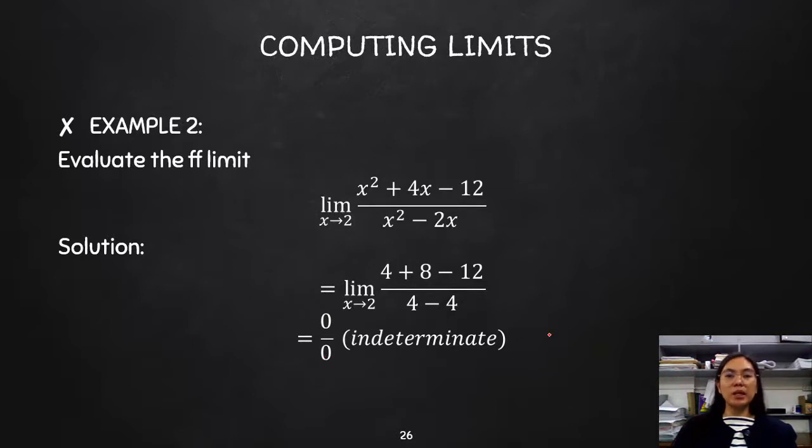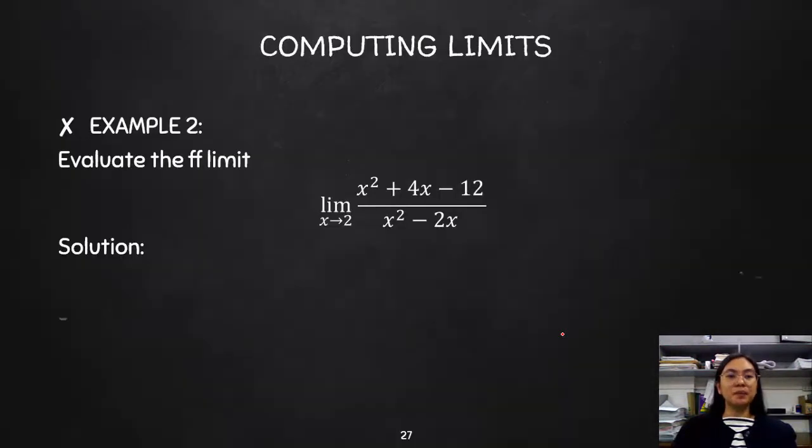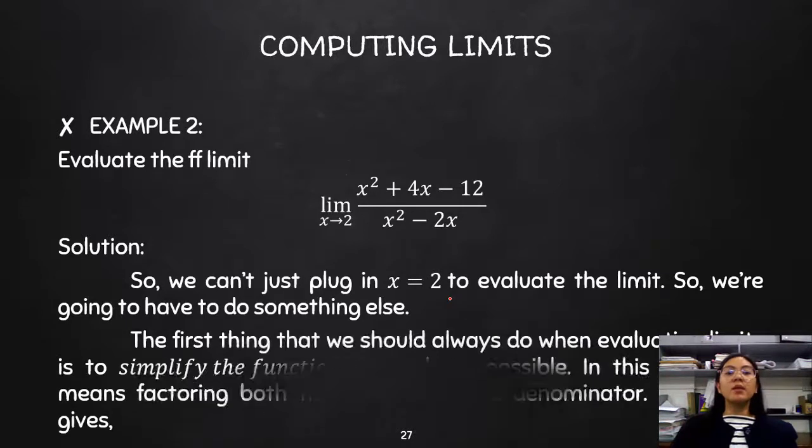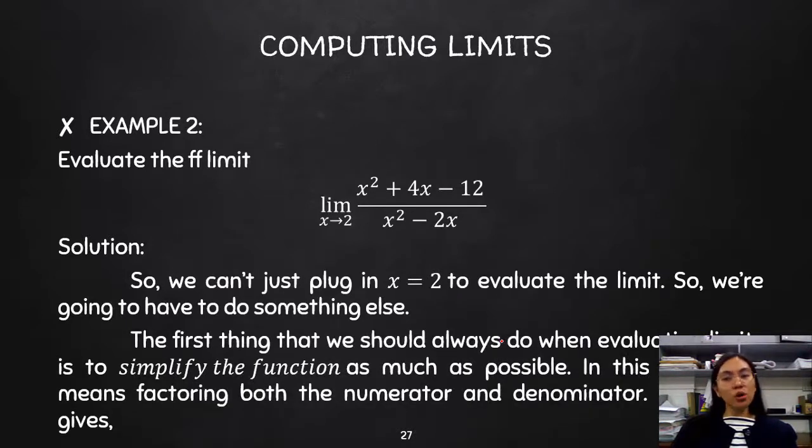So hindi po pwedeng ganyan yung maging value ng ating limit. So we can't plug in x is equal to 2 to evaluate the limits, so we're gonna have to do something else. The very first thing that we should do always when trying to evaluate limits is to simplify the function as much as possible.